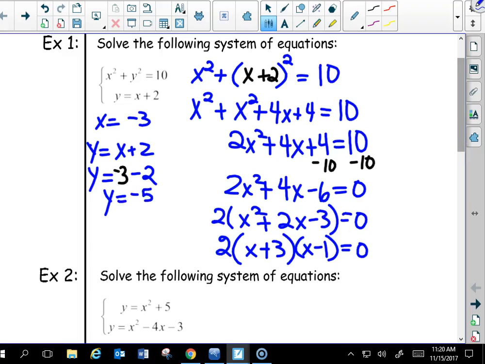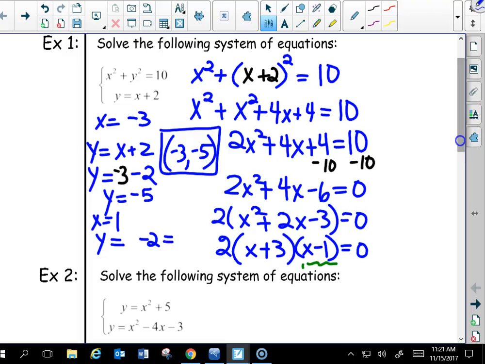So I get an xy pair of negative 3, negative 5. And now I'm going to look at my second solution, x equals 1. Do the same thing. And it looks like I get a negative 1. So my second solution is going to be 1, negative 1.